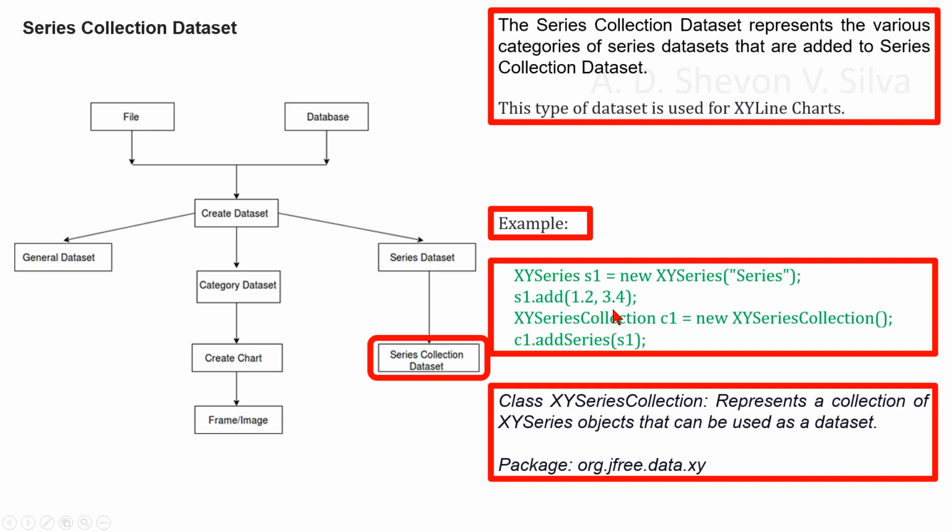Here the add method adds a data item to the series and sends a series change event to all registered listeners. Here x, the x value, and y, the y value.